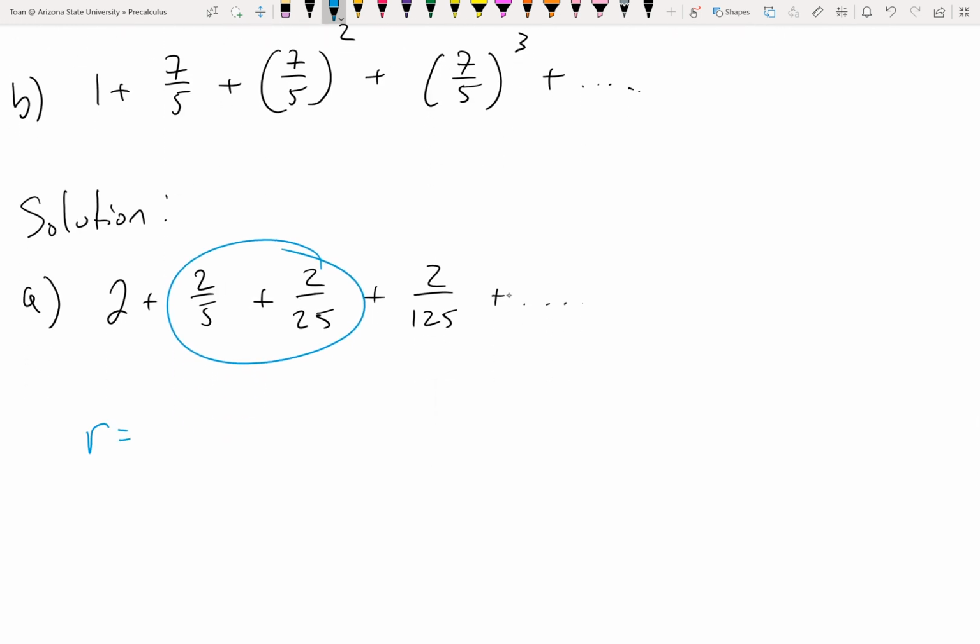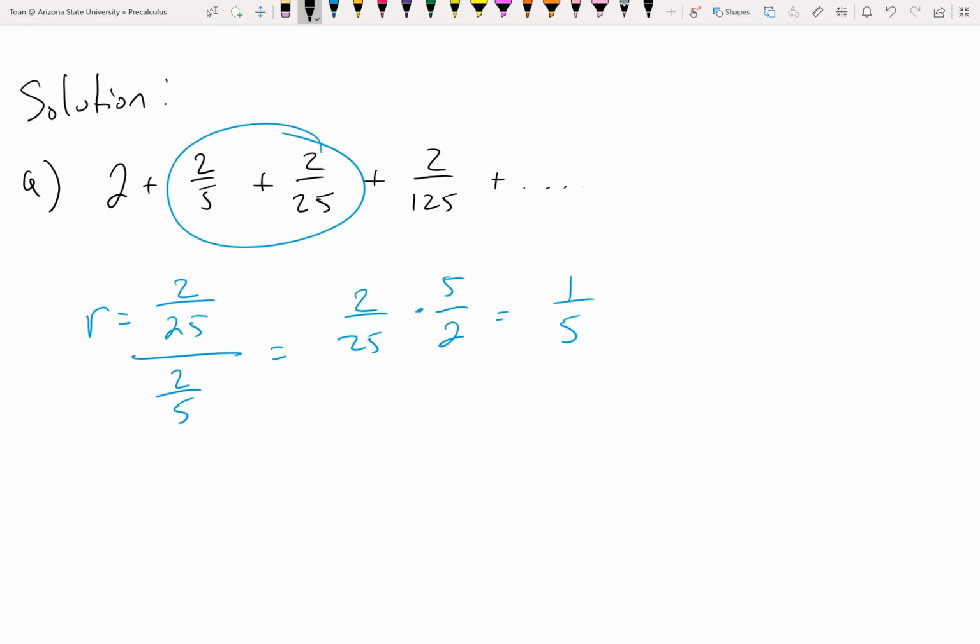So your r is always the right number divided by the left number. And then you just do math to figure out that it's 1/5. So the idea is that since r equals 1/5, the absolute value of r, that's important, equals 1/5, is less than 1, the series is convergent.